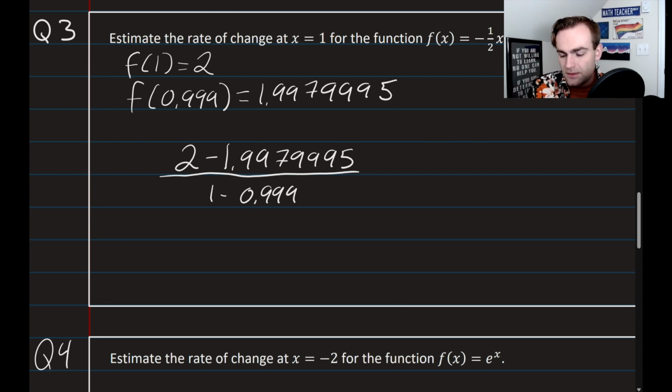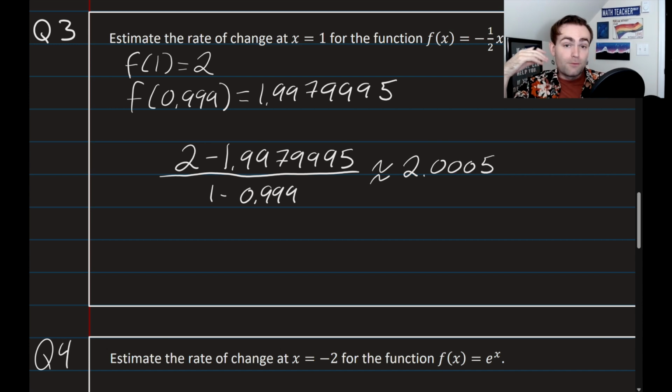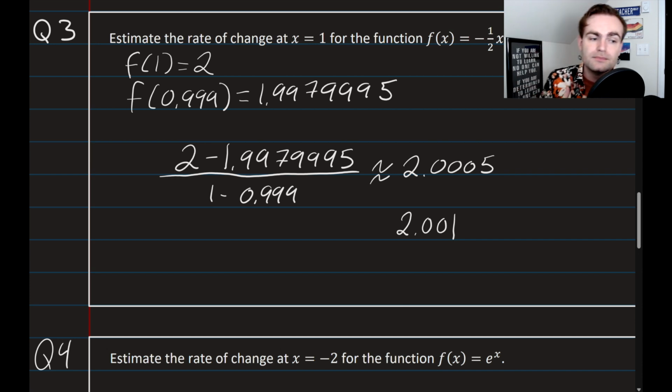If we plug that into a calculator, we're going to get 2.0005. For our class, in Precalculus and in Calculus, we only leave our answers in 3 decimal places. So for us, we're going to round that up, so 2.001 would be our average rate of change here.